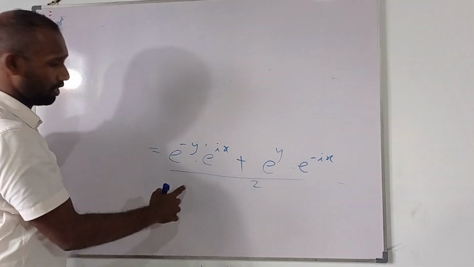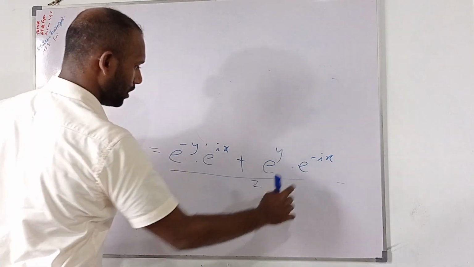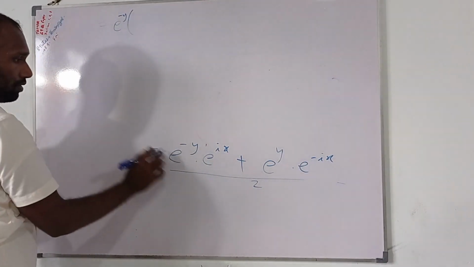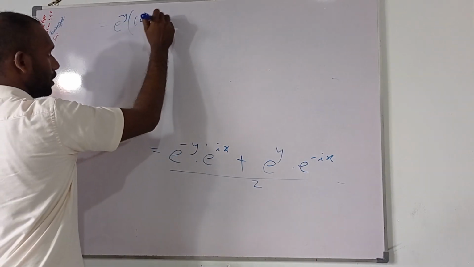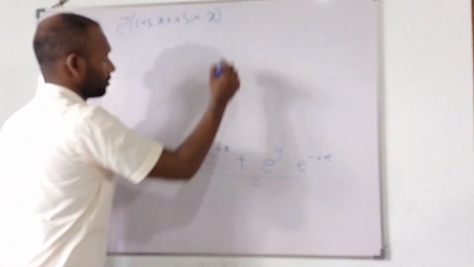So we can expand this e to the power ix and e to the power minus ix. So e to the power y minus y times cos x plus i sin x.